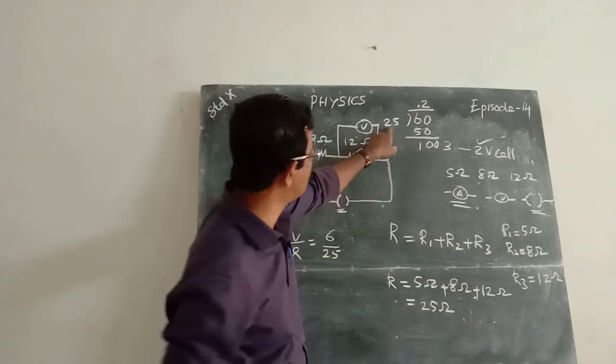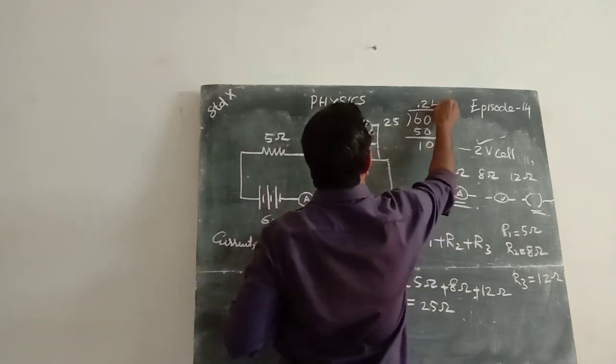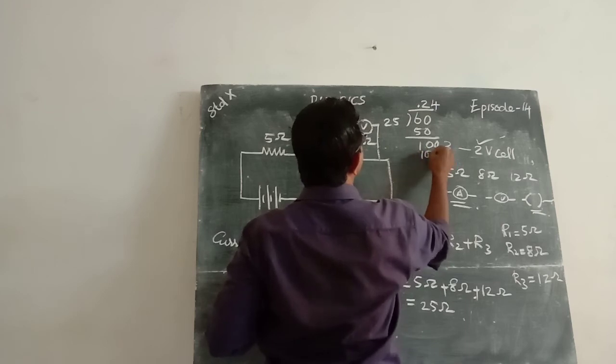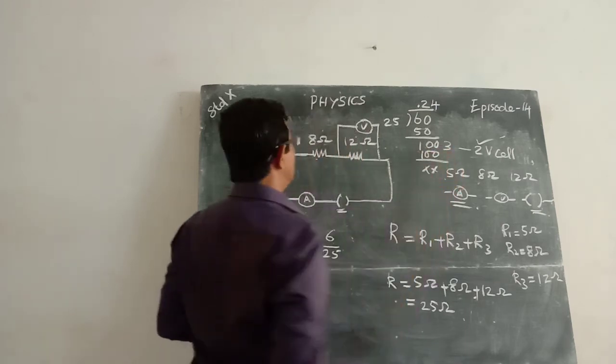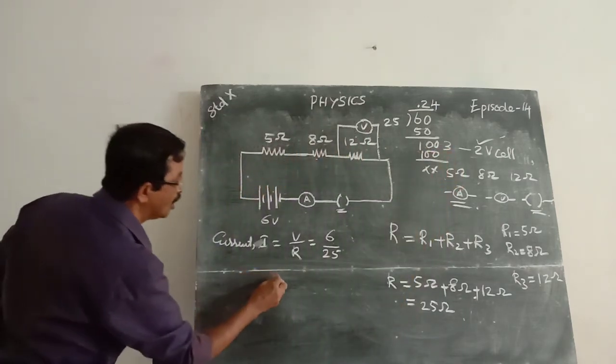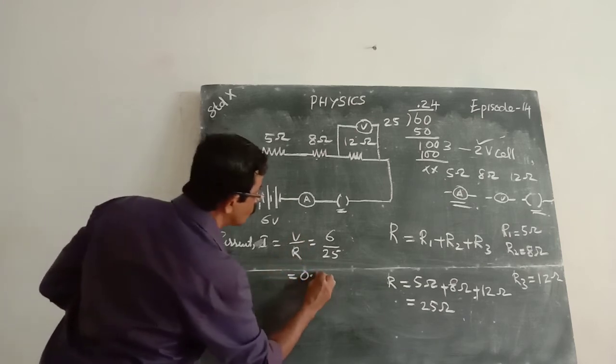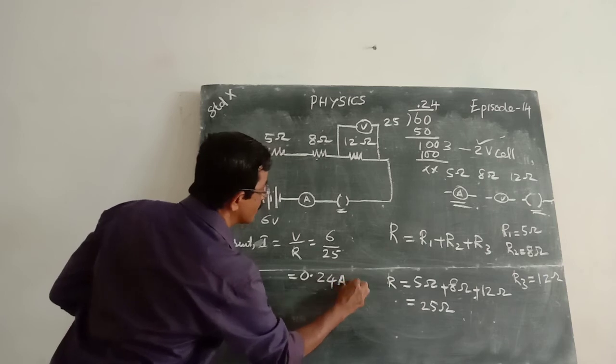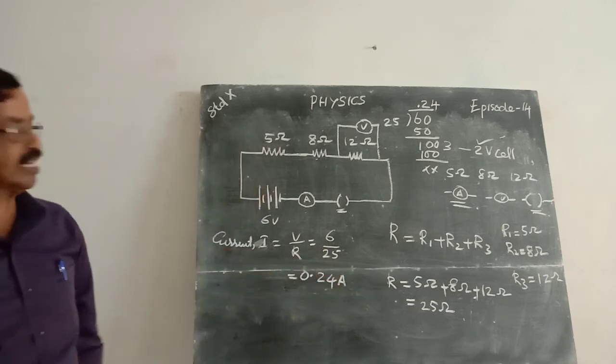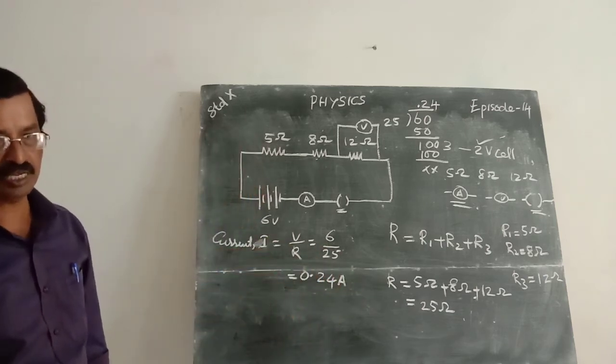In 100, 25 goes 4 times. So the current through the circuit, I, is equal to 0.24 ampere.